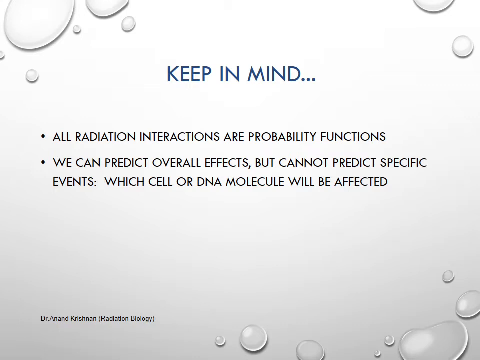Whereas there is another type of effect which is the somatic effect, seen in the person who has been irradiated. Radiation injuries that produce changes in somatic cells produce poor health in the person who is exposed to ionizing radiation.